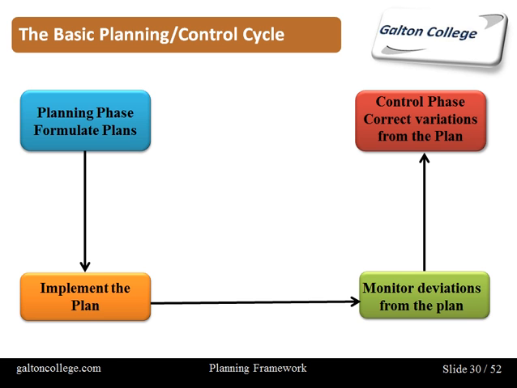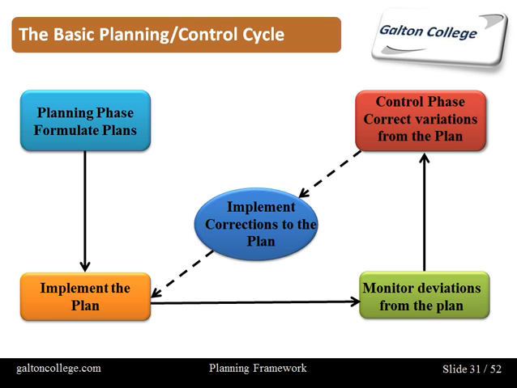To take the feedback, or to take comments, or observations, and compare the actual performance with the planned performance and correct any variation. So corrective action may be taken to the plan, and it goes back into the implementation of the plan again, monitor deviations from the plan, control phase, and that's a possible loop.